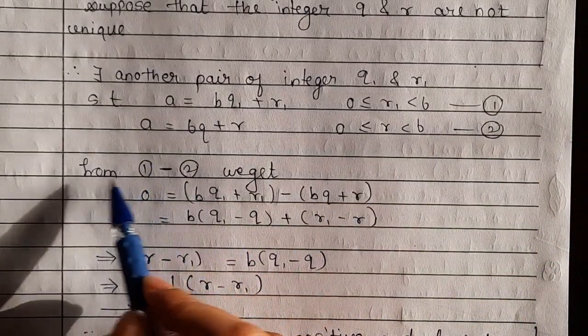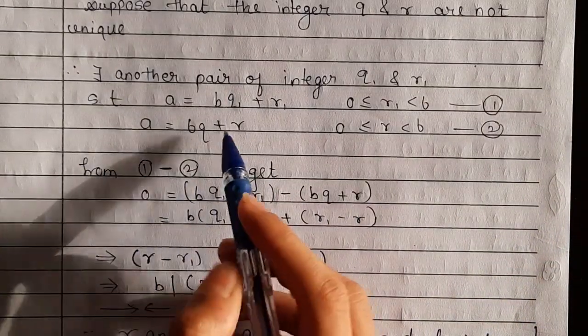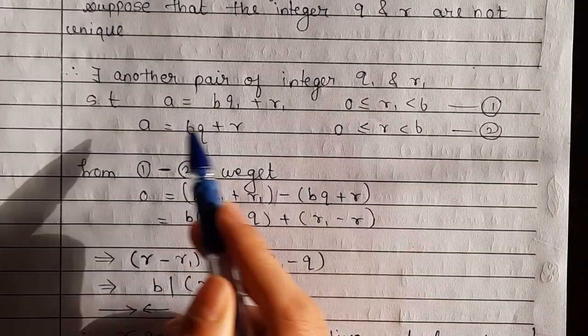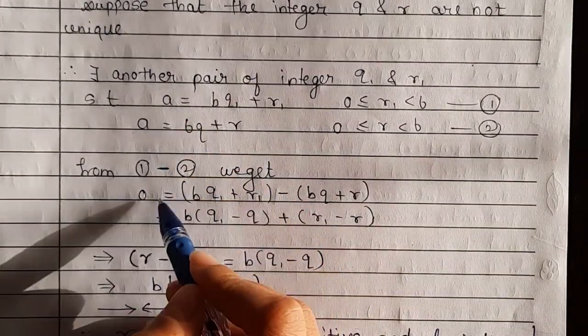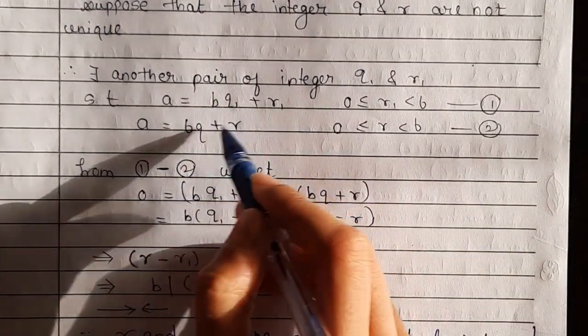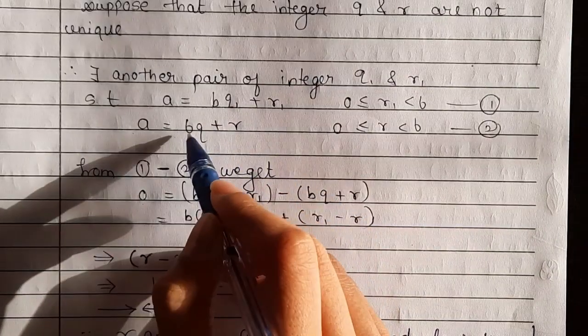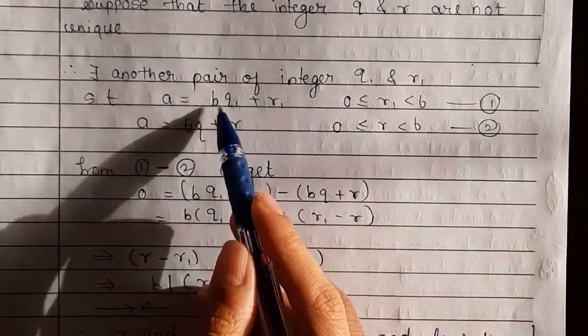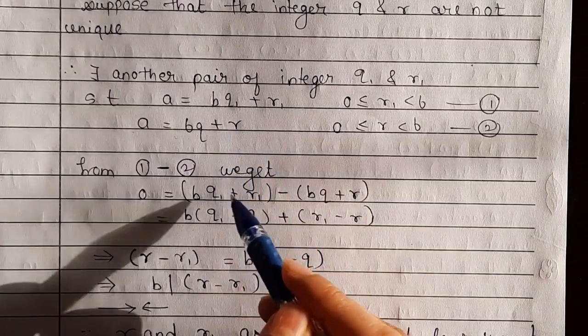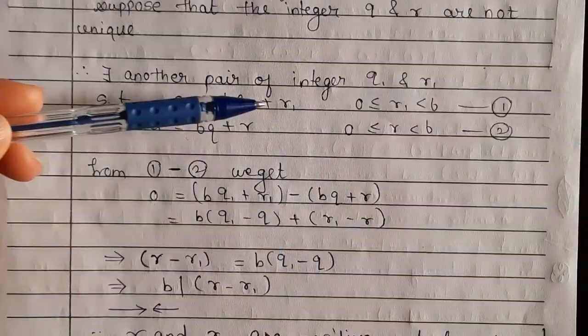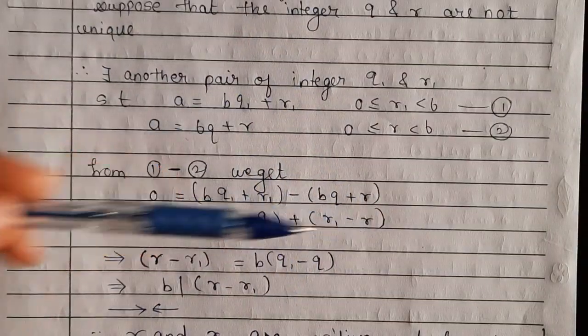So from 1 minus 2, a minus a is 0, and bq1 minus bq, so we take b common: 0 equals b times (q1 minus q) plus r1 minus r.